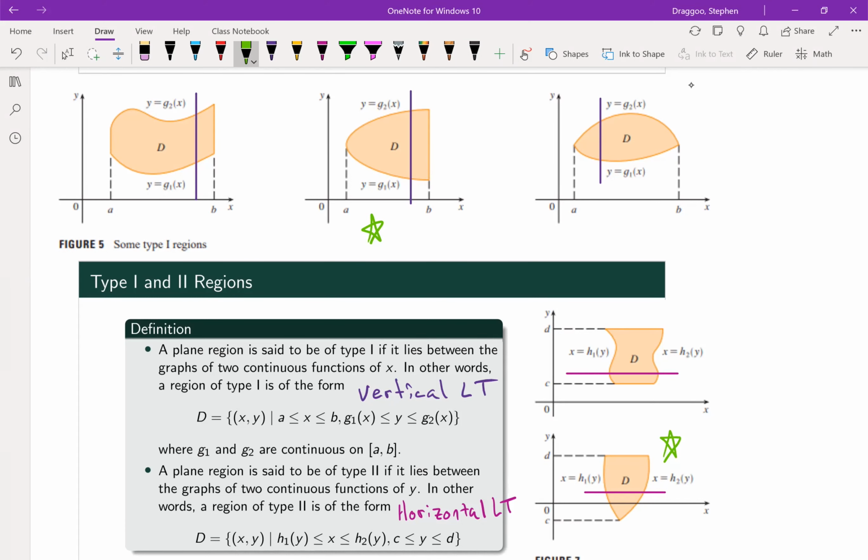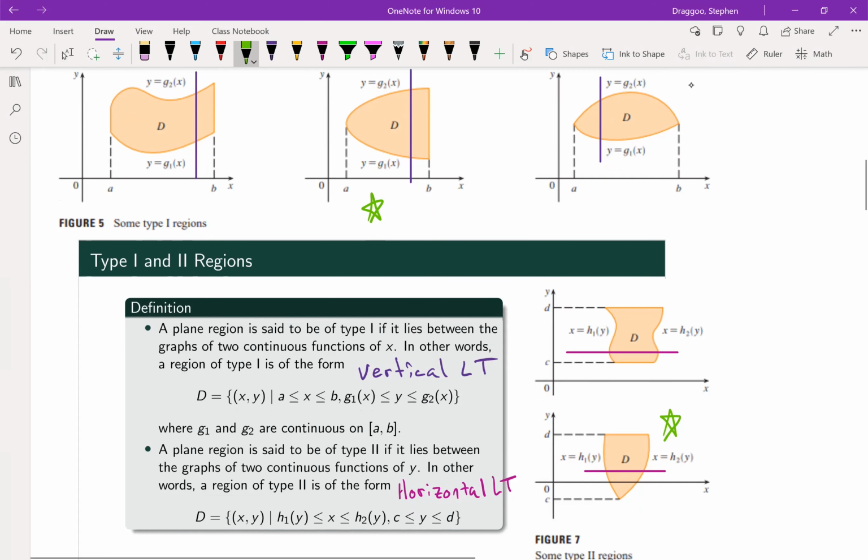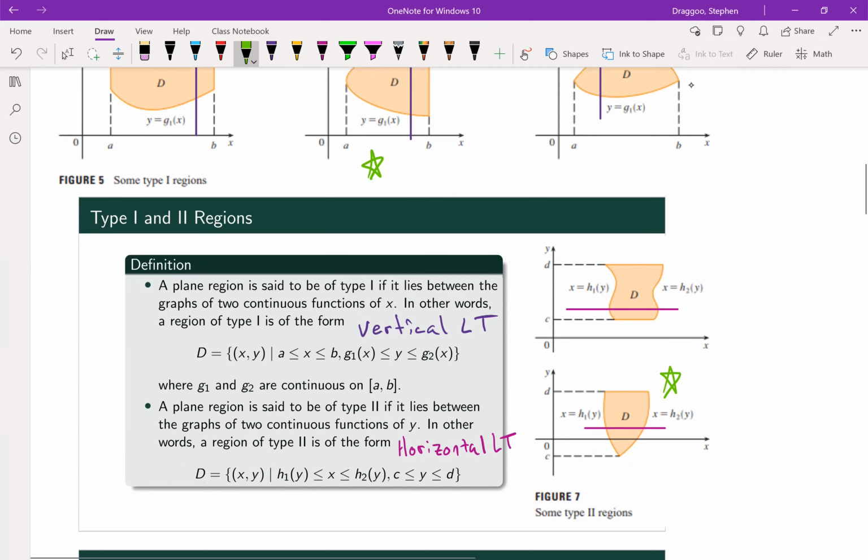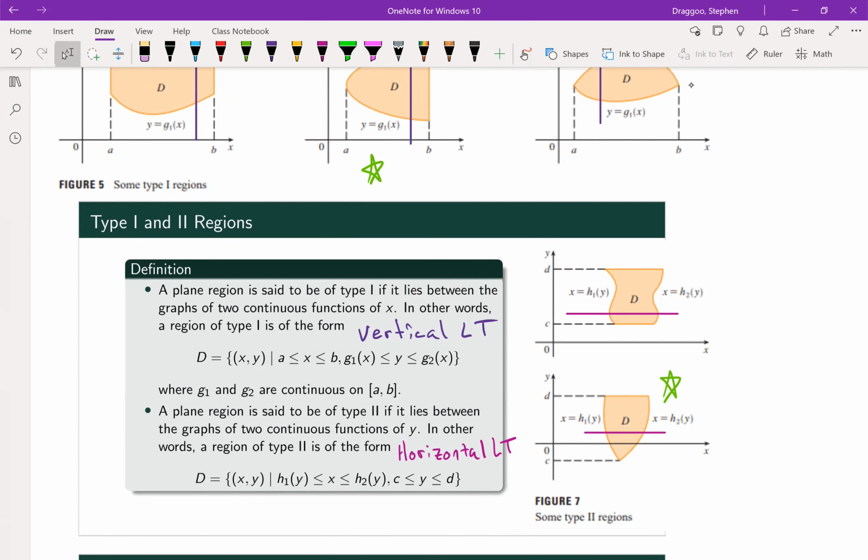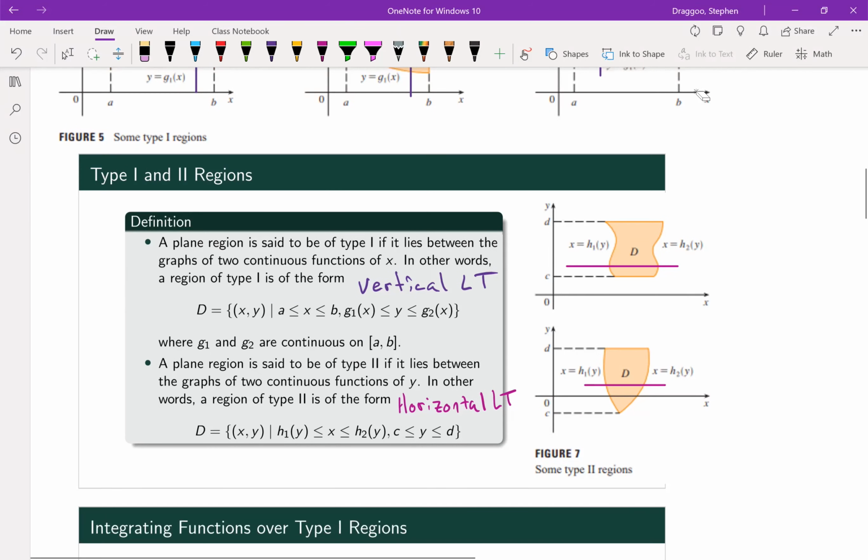Those two at least are both going to be type 1 and type 2, since I could pass a vertical line test down either of those. But we're getting slightly ahead of ourselves, and we might have to split those regions to say they're both type 1 and type 2. So maybe let's erase those stars for now, but we will look at some regions that are both type 1 and type 2.